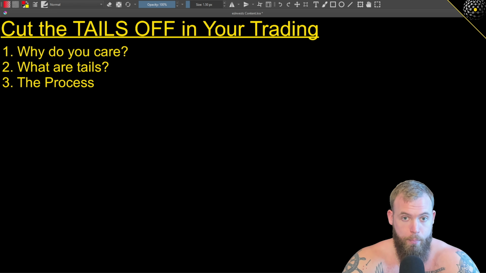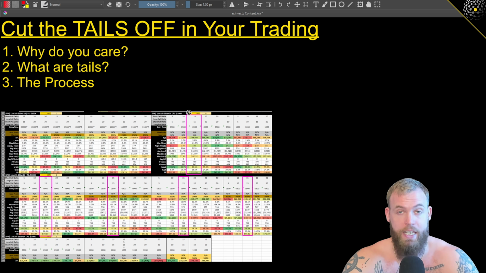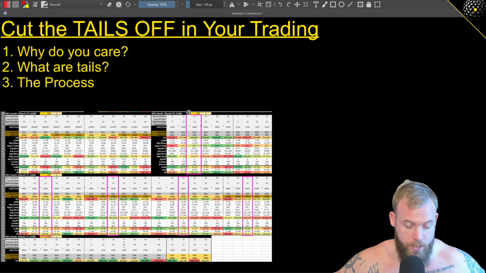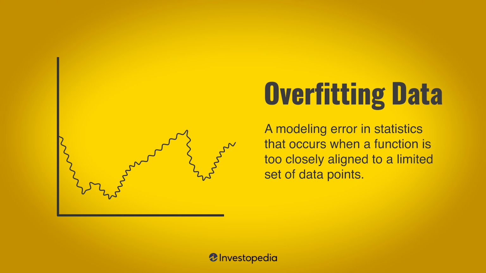So now let's talk about how we go about getting rid of them. When you start this process, you have to be aware of something called overfitting data. I'm not going to go into statistics 101. Just note that when we're looking at back tested data, it's looking at previous information.